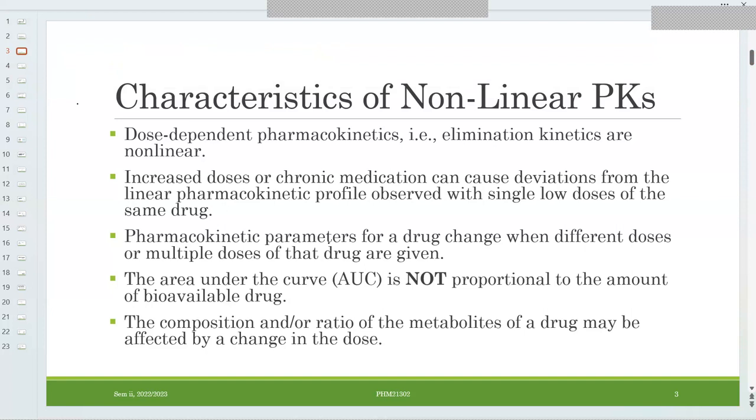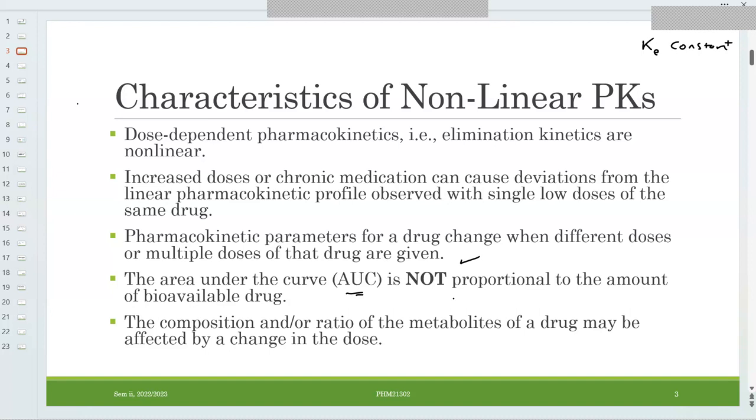Also pharmacokinetic parameters for a drug will change when different doses or multiple doses of that drug are given. So, for example, in linear pharmacokinetics, elimination rate constant all the time was constant. You increase the dose, you decrease the dose, still the elimination rate constant is the same. However, here you will have different values for pharmacokinetic parameters if you change the dose.